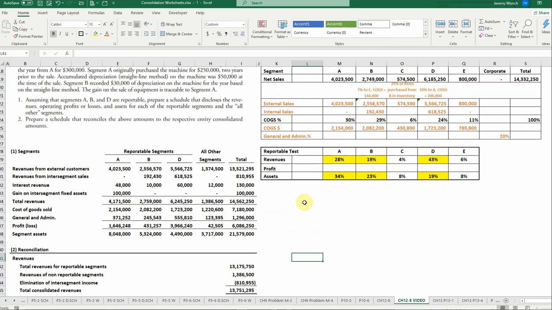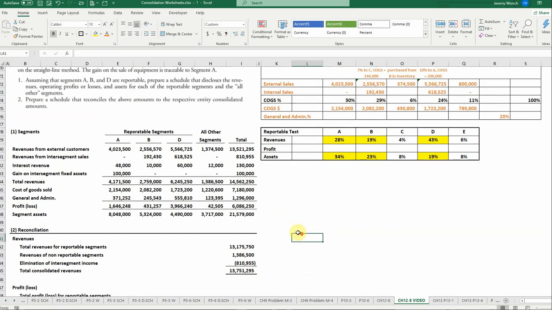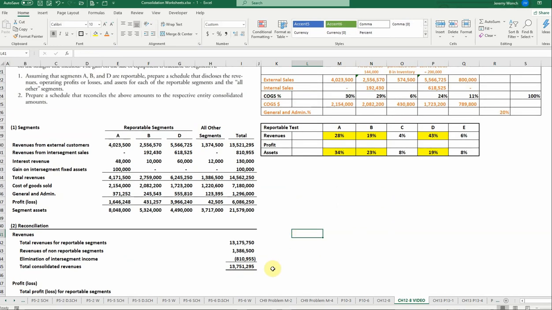So that's going to be the inter-segment sales, plus we had one more thing that was an intercompany transaction. We had that fixed assets from intercompany sales right here. So we need to remove that as well. I guess the simpler way to do that, let me delete that.